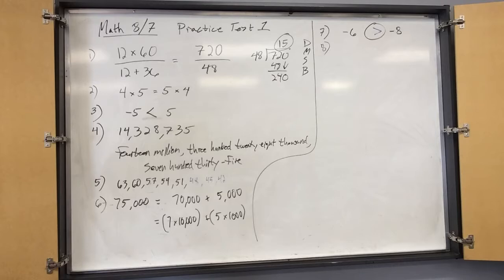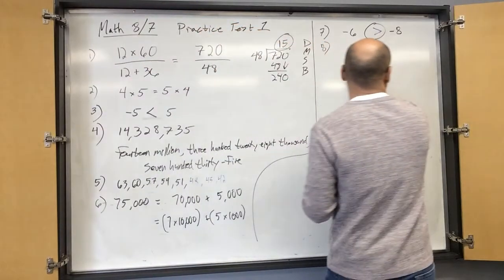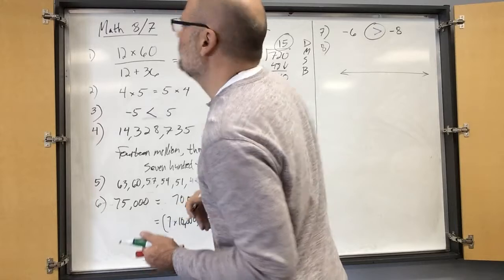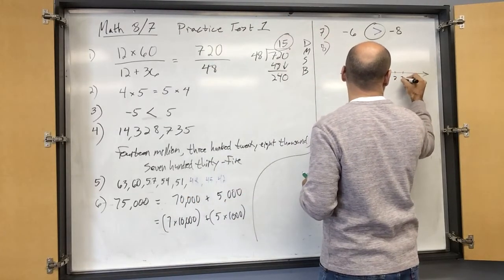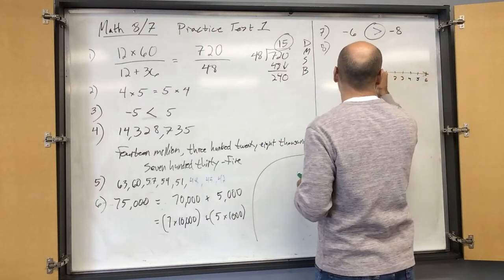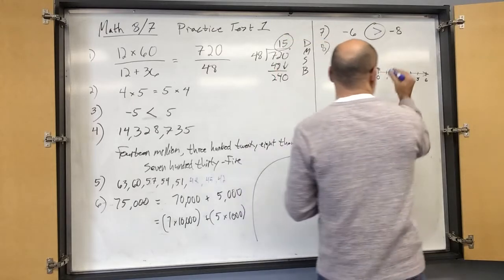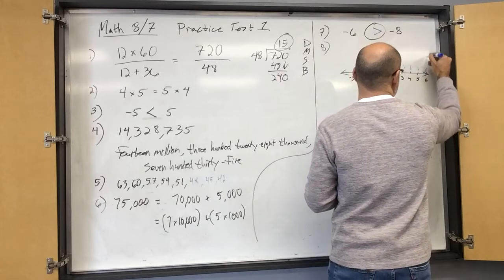Don't mess up. Okay. Show the subtraction problem on a number line. And really, you're just drawing a number line. And you're going to go over to 6 here. So if I go 0, 1, 2, 3, 4, 5, 6. I can put some negative numbers here if I want to. But I'm going to go over to the 6. Okay, there's my 6.